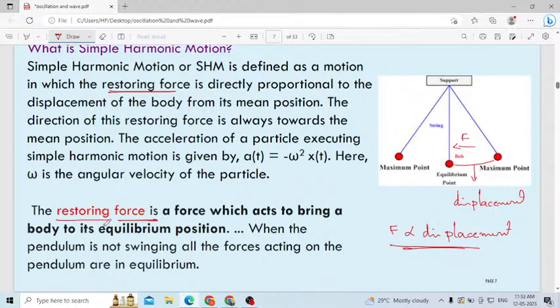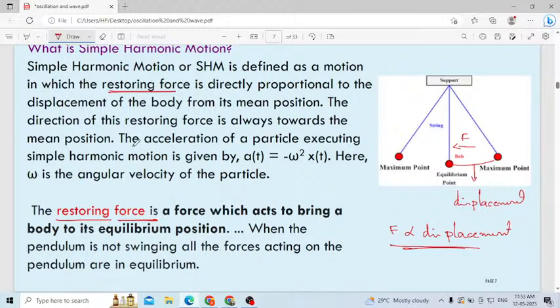That force is nothing but the restoring force. Therefore, the relation you have to remember is that the restoring force is directly proportional to the displacement of the bob. If the displacement is more, you need more force to bring the bob to its mean position. If the displacement is less, you need less force.